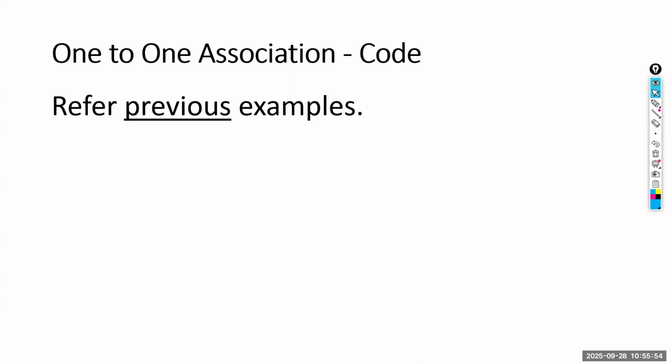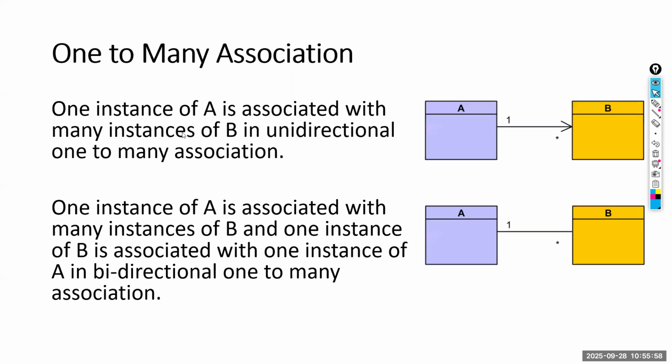So one to one we discussed already, therefore you can refer to the same code. One to many: this is unidirectional one to many, and this is bidirectional one to many. One A object is associated with many B objects, but one B object is associated with one A object. Say, your form can have many buttons, but one button belongs to one form.